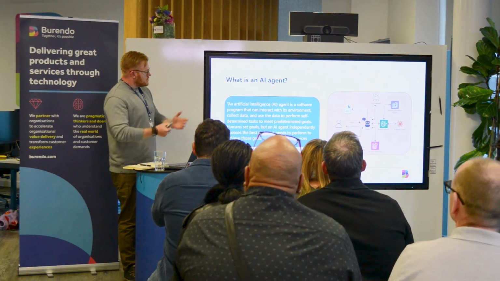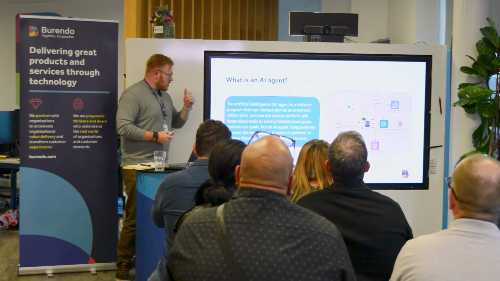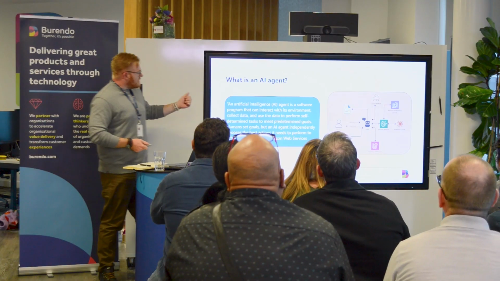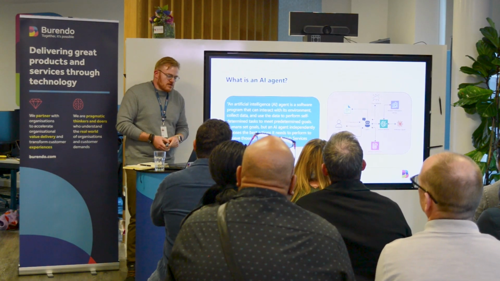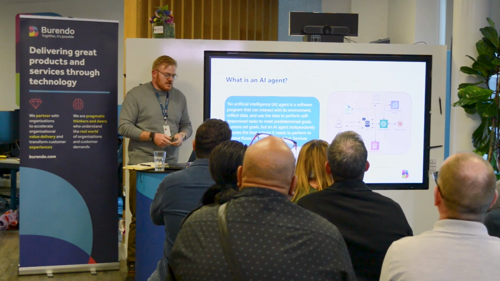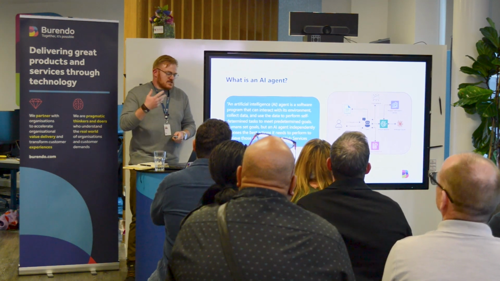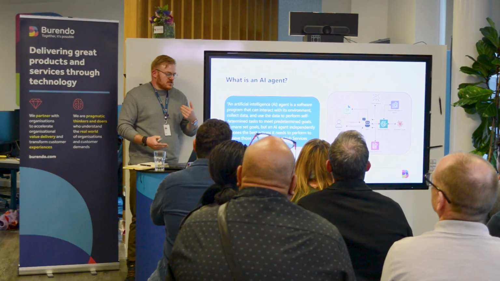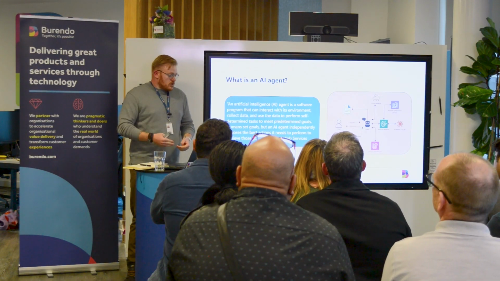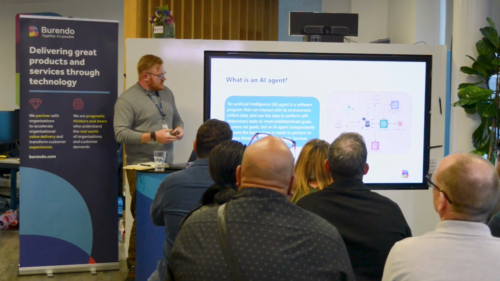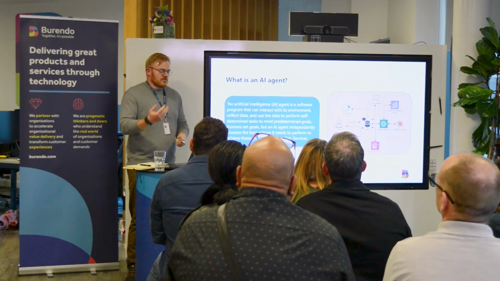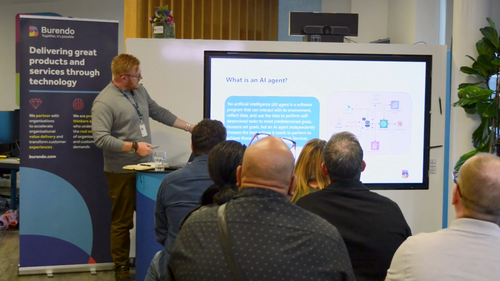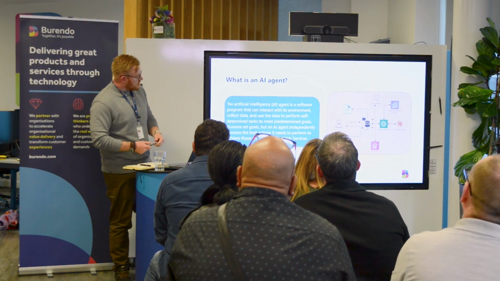Okay, so to the crux of it, what is an AI agent? We defined it earlier, but an AI agent is an artificial intelligence agent. It's a software program that can interact with its environment, collect data, and use data to perform self-determined tasks to meet predetermined goals set by humans. An AI agent independently chooses the best actions it needs to perform in order to achieve those goals. That's taken from Amazon Web Services.